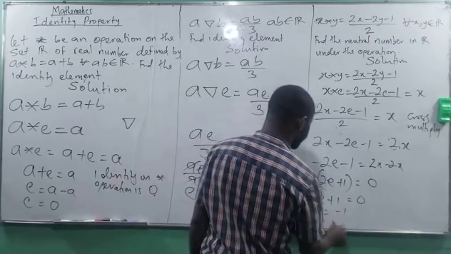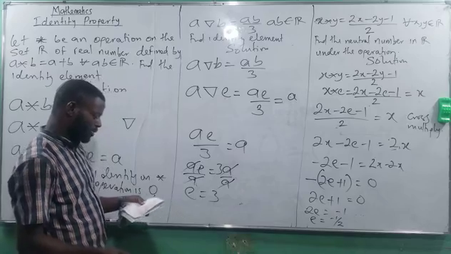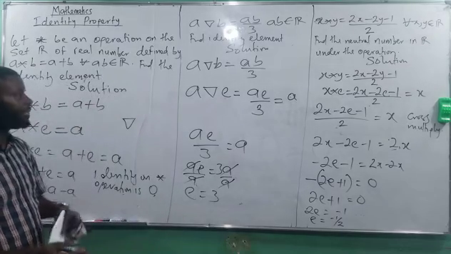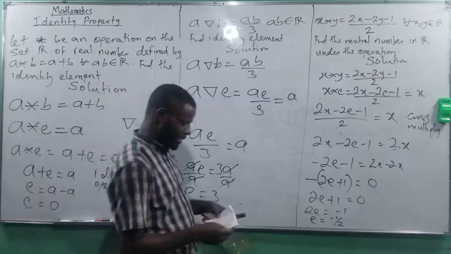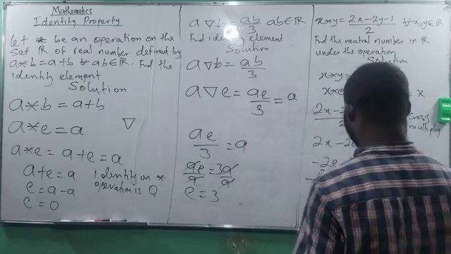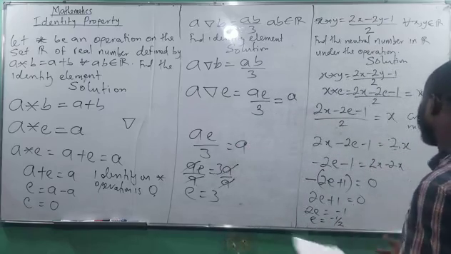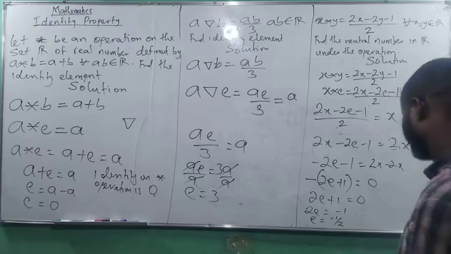E will be equal to minus 1 all over 2. That is all about that. It means my identity element is minus 1 all over 2. That is all I can say for that at that point.